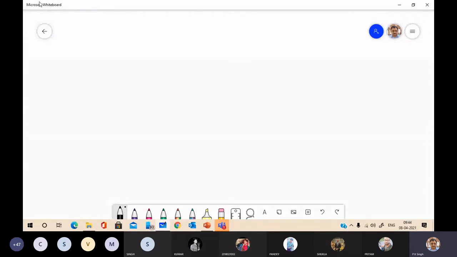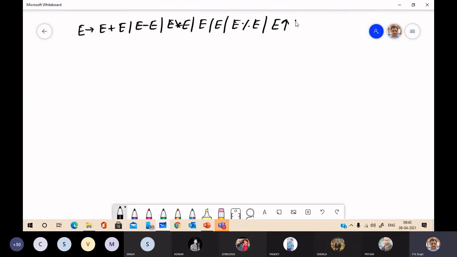Suppose a grammar like this: E goes to E plus E, E minus E, E asterisk E, E division E, E mod E, E to the power E, parenthesized E, or id. This grammar supports generating expressions having addition, subtraction, multiplication, division, mod operator, and power, as well as parentheses.